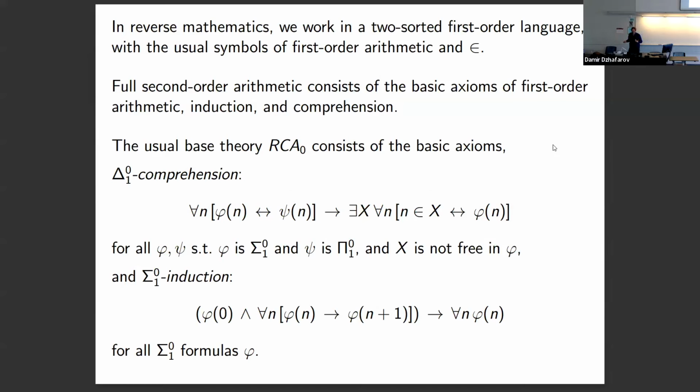The idea, of course, is that Delta^0_1 corresponds to computable. Computable sets are exactly the Delta^0_1 ones, so this is essentially computable comprehension. Note, though, that I didn't explicitly say it, but these formulas, Phi, Psi, and so forth, are allowed to have parameters. So this is not exactly saying computable things exist. This is saying if something exists, anything that's computable from it also exists, because you can have parameters.